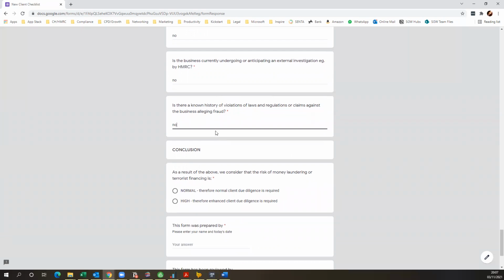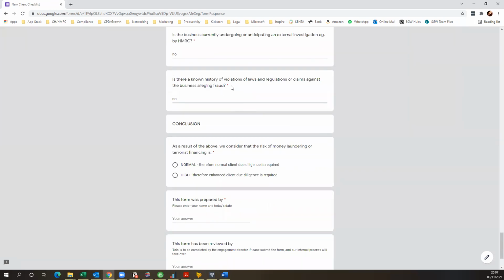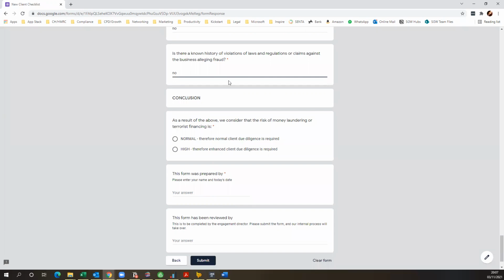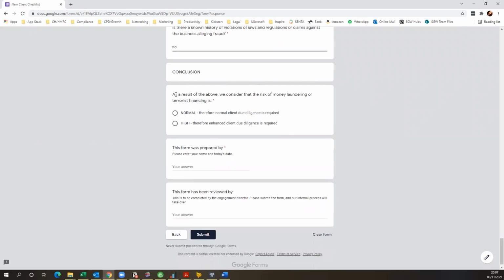And anything the client might say, not necessarily something you would ask directly, but something that comes up in conversation that suggests something might have happened in the past. Obviously, just one thing isn't necessarily a known history. At some point we might like to get a bit more information about that, but it doesn't necessarily mean there's a pattern and a problem with it.